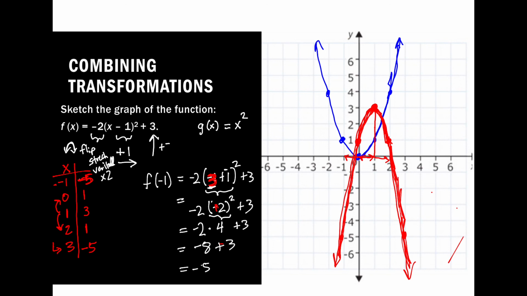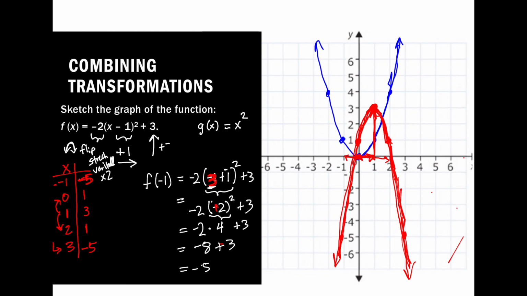It took my original parabola, flipped it upside down, stretched it, and then moved it to the right one and up 3. Well, the vertex. And each point really got stretched, but the vertex is really unchanged in terms of its position because it's a 0, right? And a 0 result doesn't matter what you multiply it by.